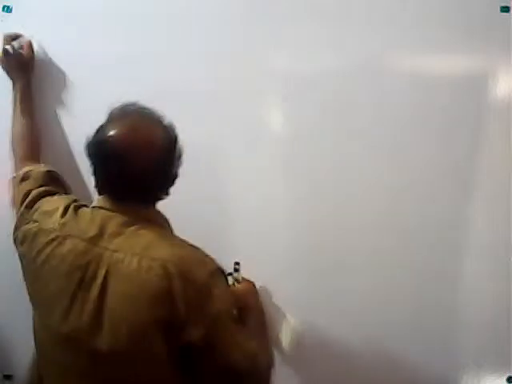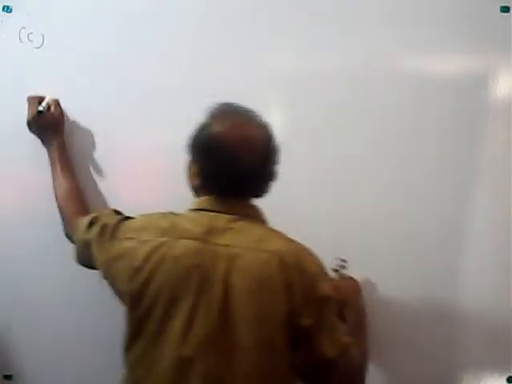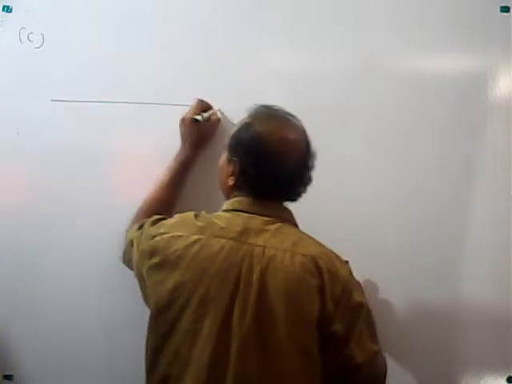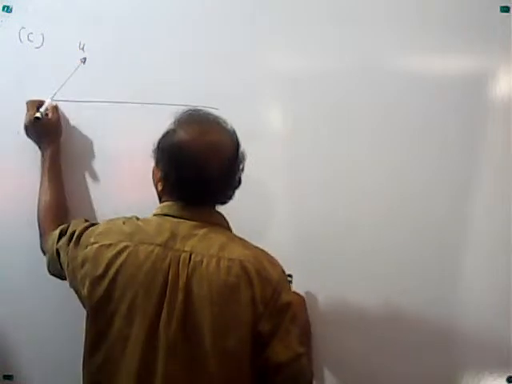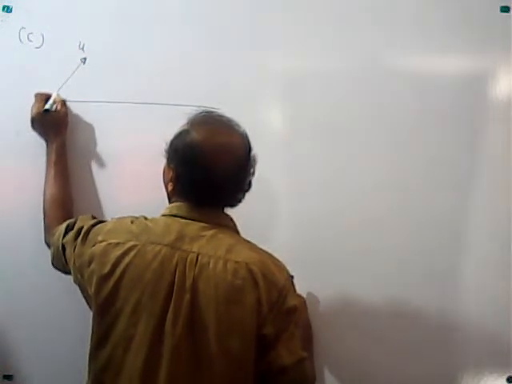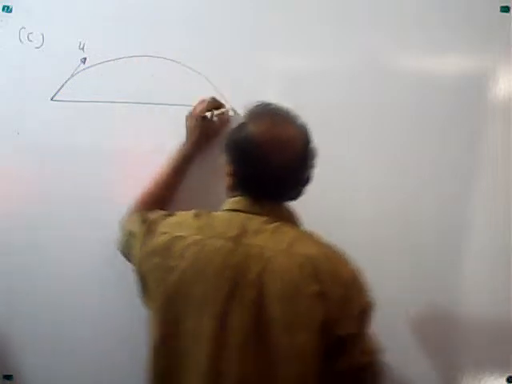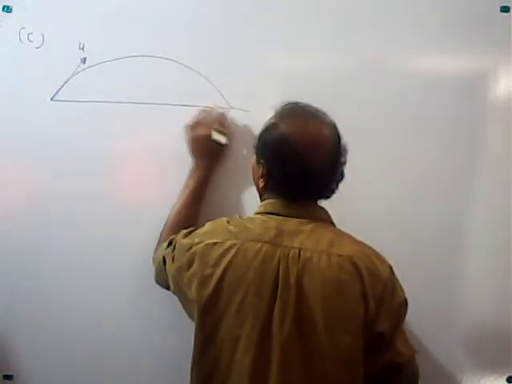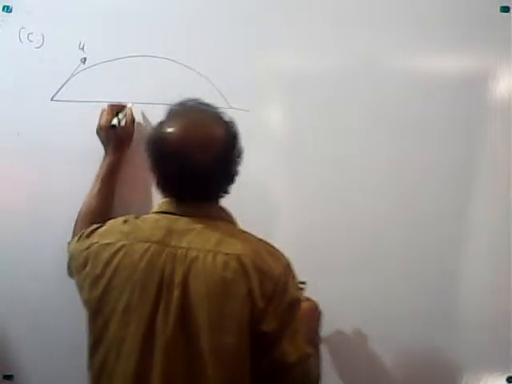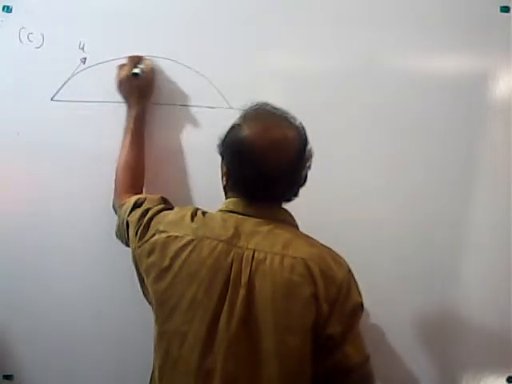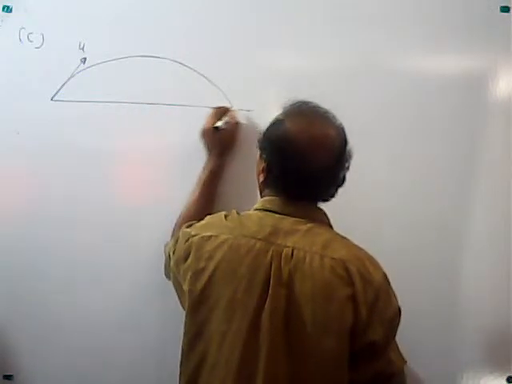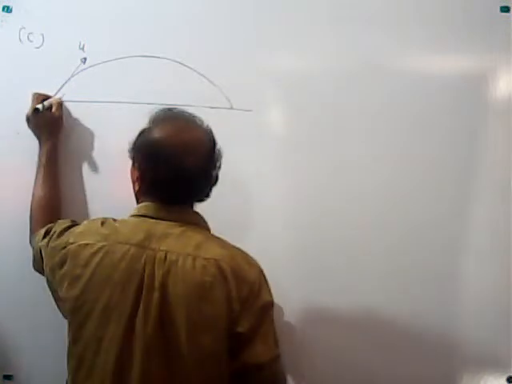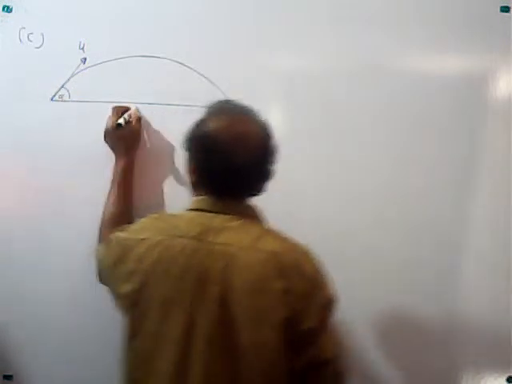Right, part C. Now read part C. Part C is again about the horizontal range. It's about the horizontal range.